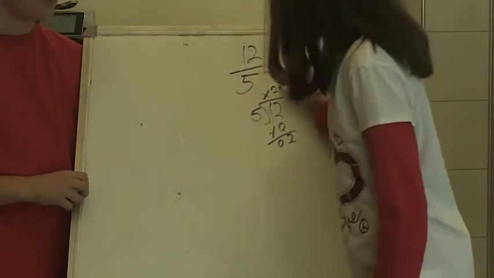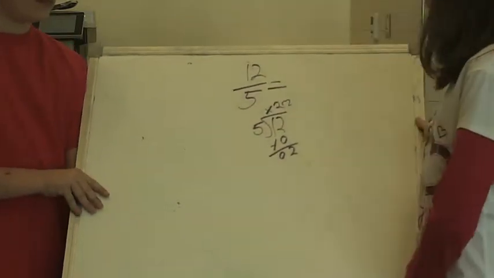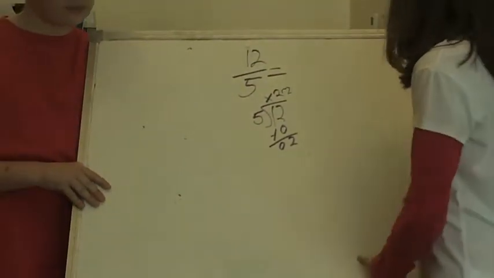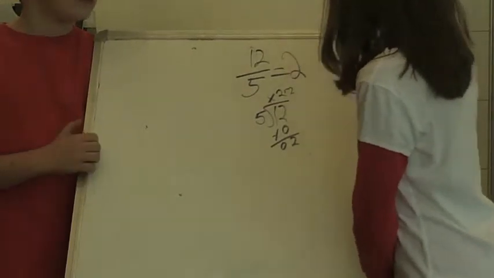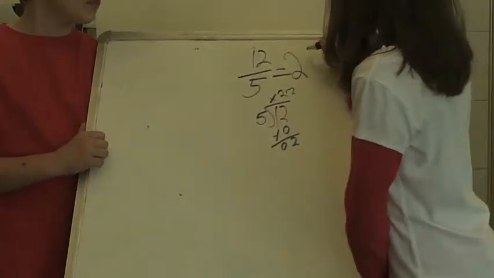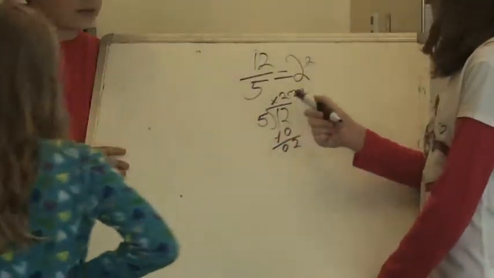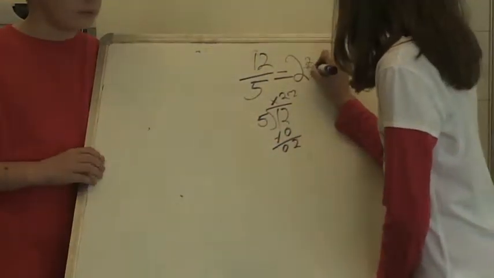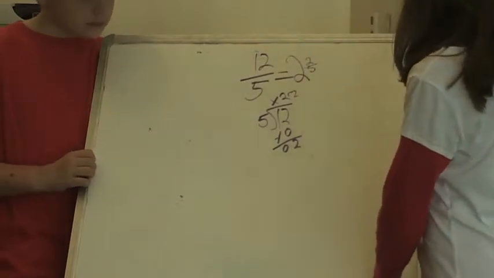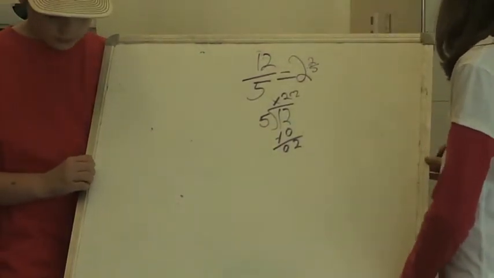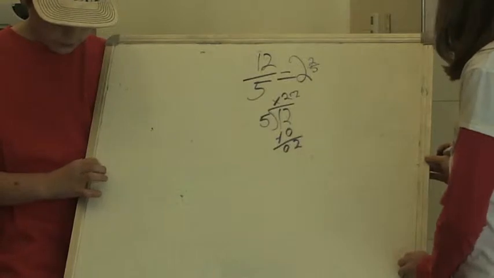So you have remainder 2, but you wouldn't just put 2, remainder 2. You put 2 for the whole, and then your remainder is always the numerator, and your divisor is the denominator. So 12 fifths equals 2 and 2 fifths.